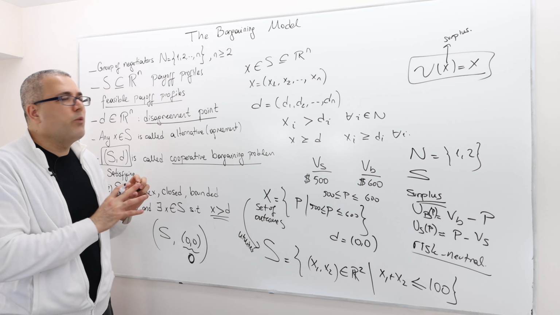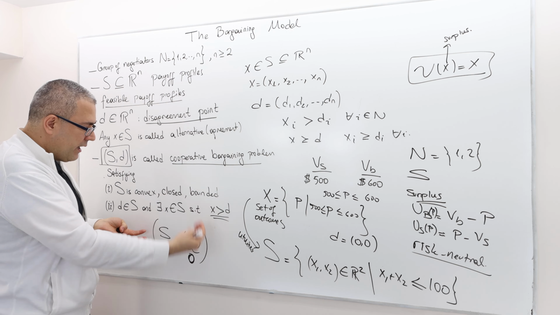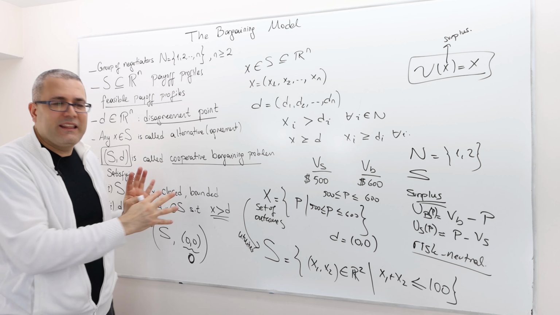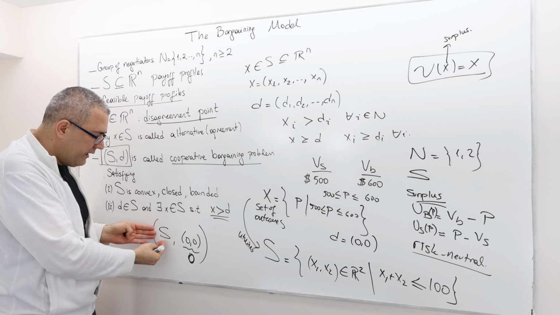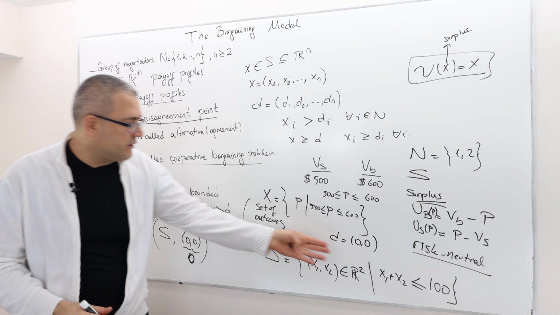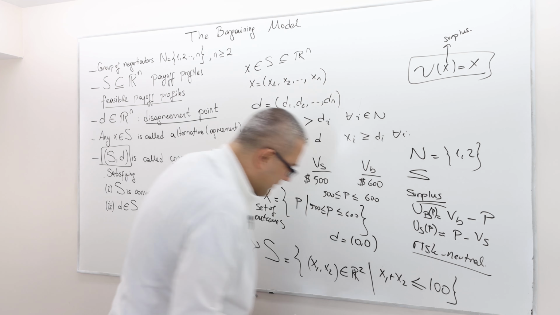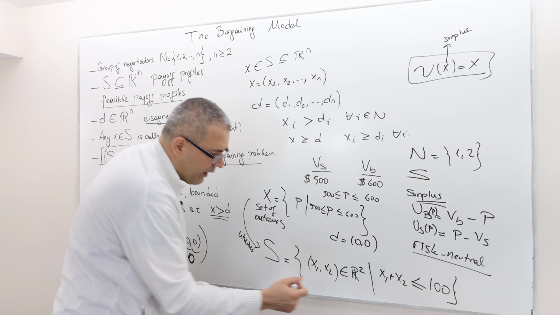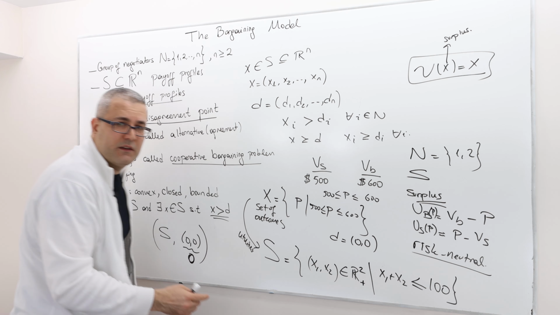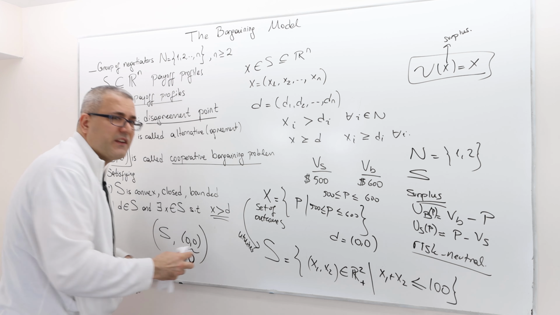This is how we transform each bargaining problem into a mathematical object, including S and including 0, 0. Obviously, you may wonder, is this really a convex set, a closed set, a bounded set? Well, yes, it is. By the way, I forgot to say that x1 and x2 shouldn't be negative. This is an assumption.